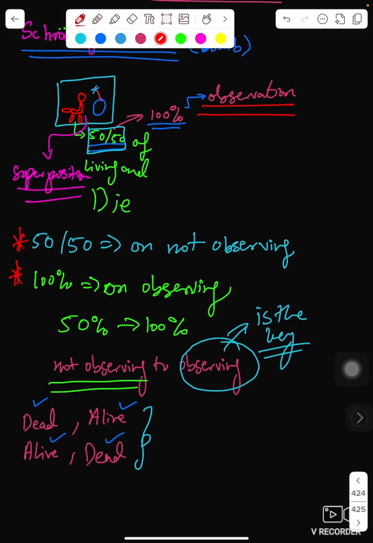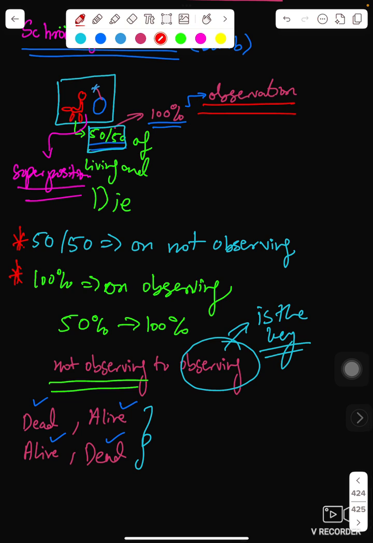So the Schrodinger's cat experiment is considered that we put a cat. Apparently, he hates cats. I don't know. He keeps a cat in the box with a bomb, or in many places they have used triggered poison, whatever you want.